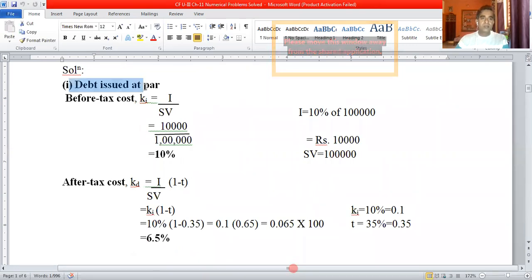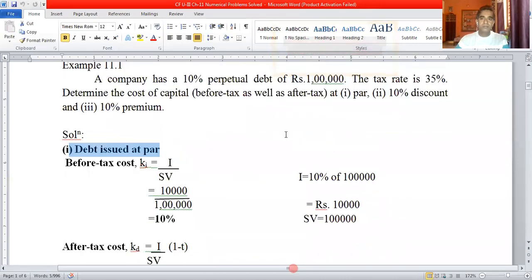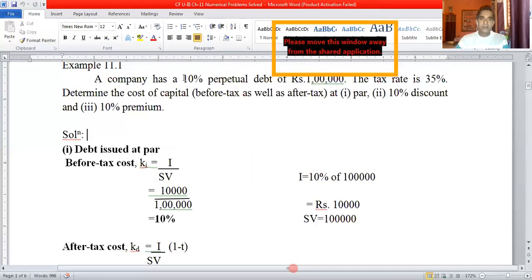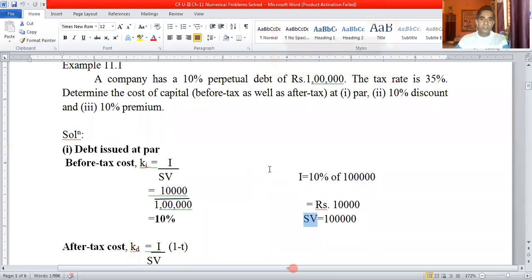First, debt issued at par. The debt is 1 lakh rupees and the rate of interest is 10%. So I is 10% of 1 lakh rupees, which is 10,000 rupees. SV is the net sale proceeds.